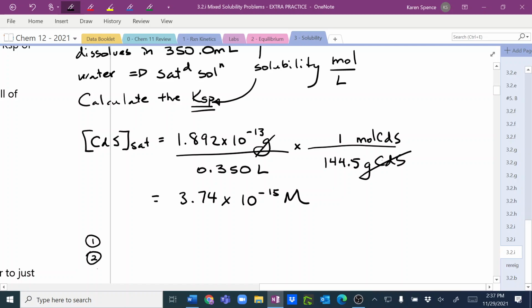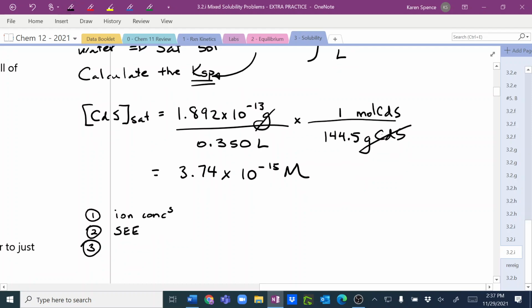What are the 3 things I should do in any question involving Ksp if I don't know what to do? Ion concentrations, solubility equilibrium equation, and Ksp.